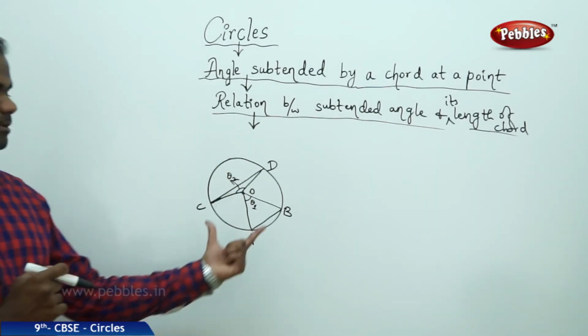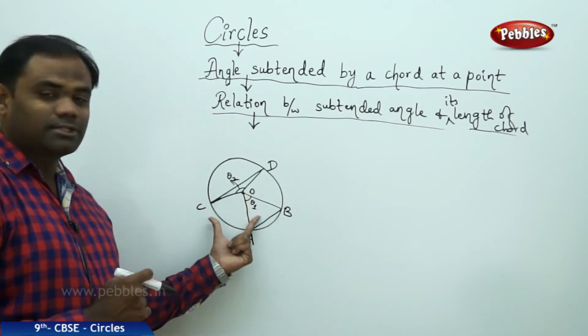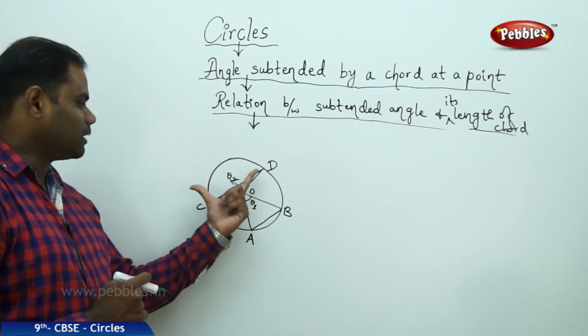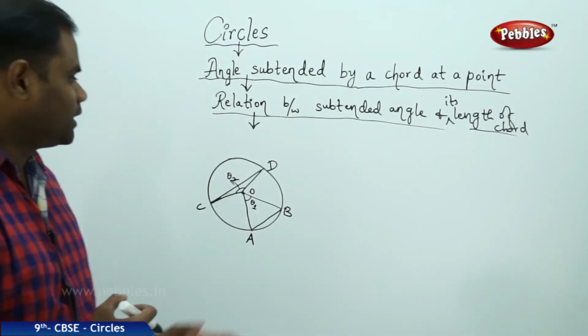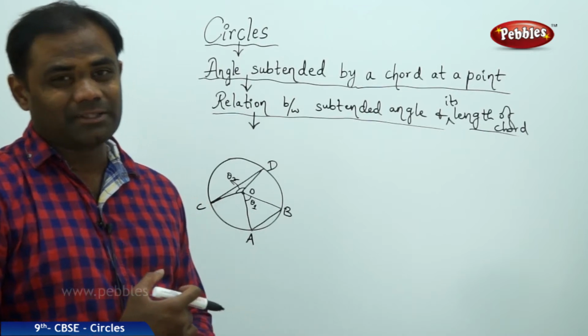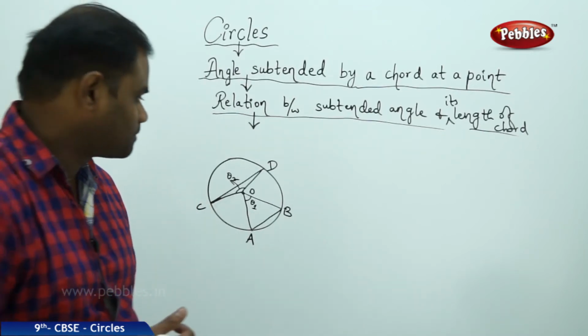So angle subtended by the chord AB at the center of the circle is theta 1, and the angle subtended by the chord CD at the center of the circle is theta 2. So we have two angles. Let's see the relation between the two angles.